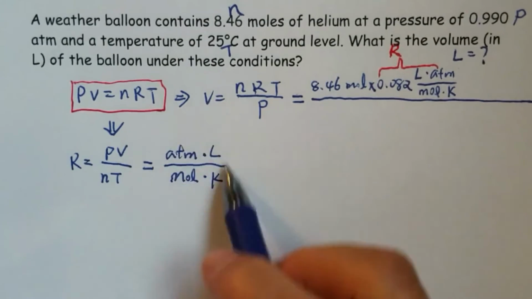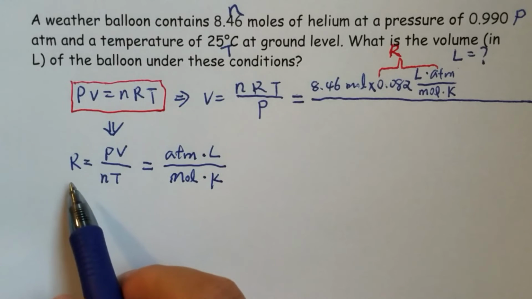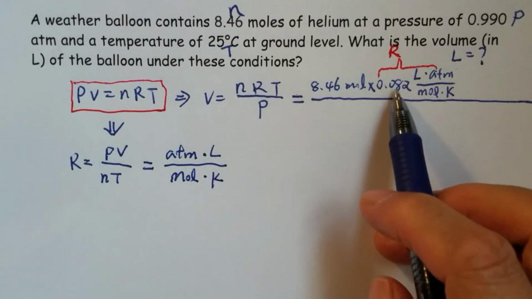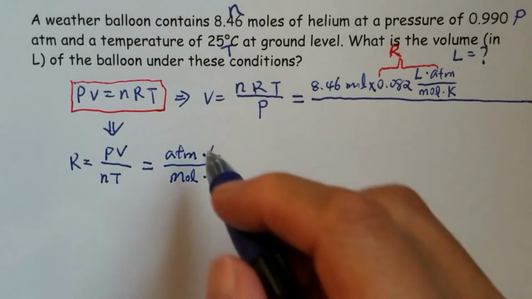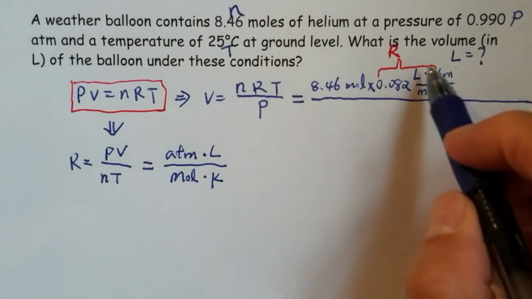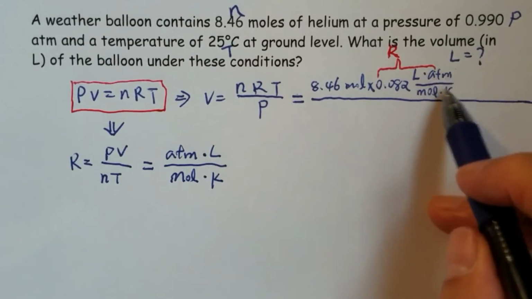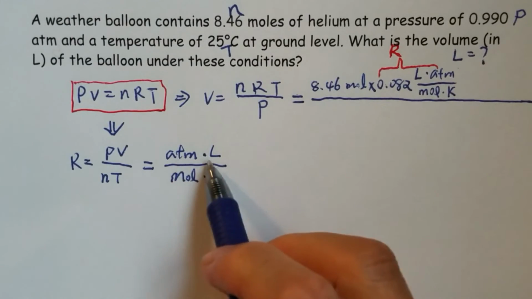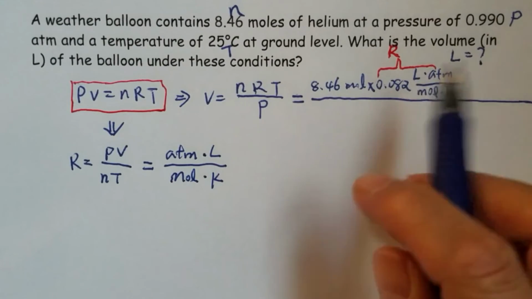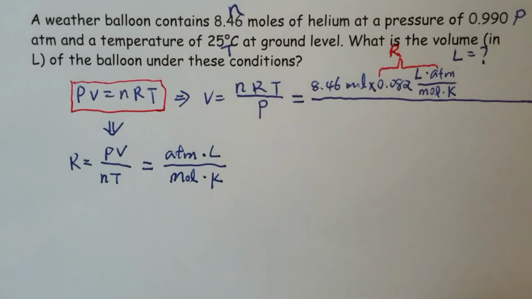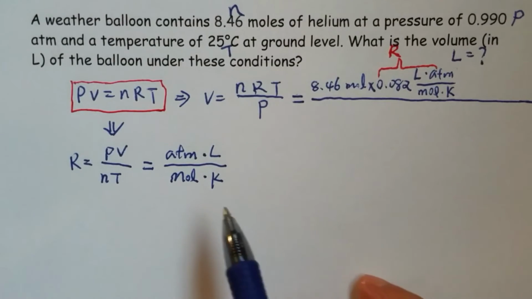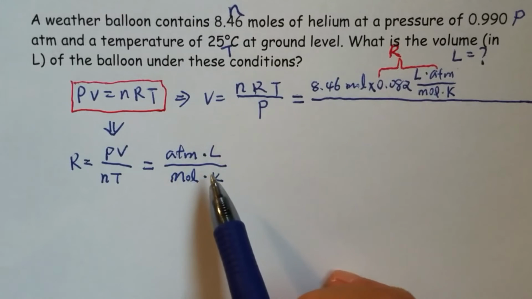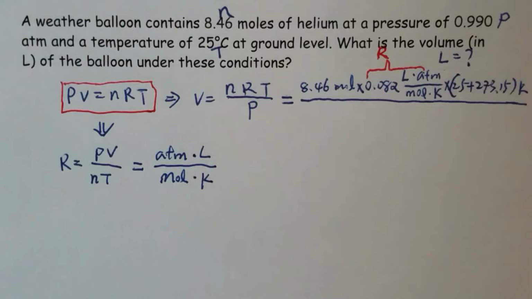So this is the unit for this R constant, 0.082. And you see right here, this unit is the same as this one, even though the ATM and liter positions got swapped in these two locations, but it's the same.